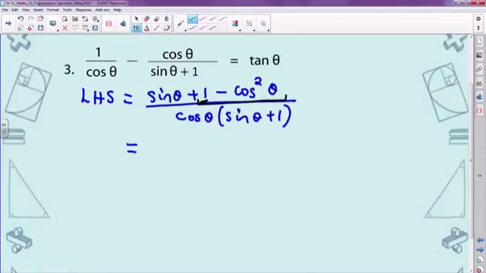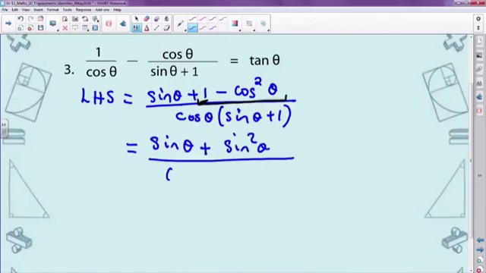So whichever way you look at it, if you don't make mistakes, you will get to the same thing, all right? So we have sine theta plus, now the 1 minus cos squared theta is sine squared theta, divided by cos theta, bracket sine theta plus 1.